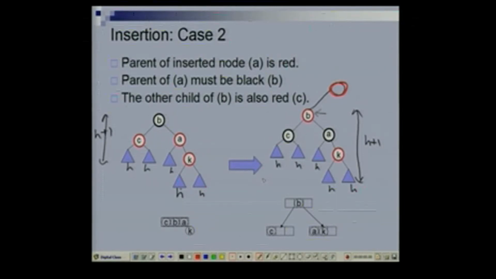And now you see why I had these subtrees hanging out of here. When this moves one level up, this will be one subtree hanging from here, and this would be the other subtree hanging from here, right.